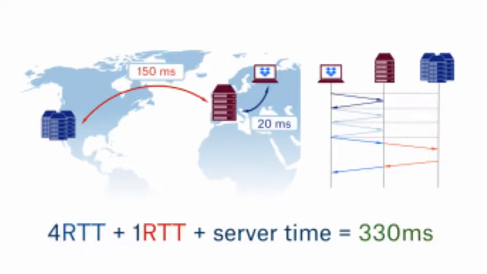But if you place the metadata server somewhere near Europe itself, a user can get the metadata information and contact the actual Amazon S3 cloud within 330 milliseconds. That's how we have improved the latency by a factor of 2, and that's the advantage of having a CDN.